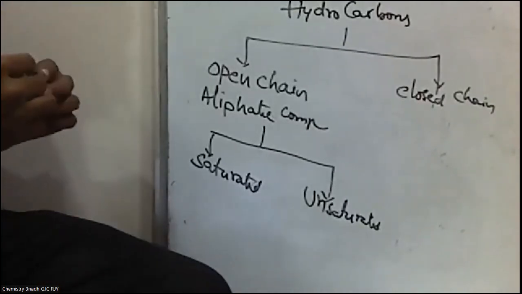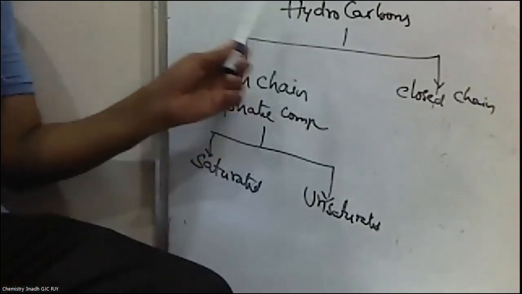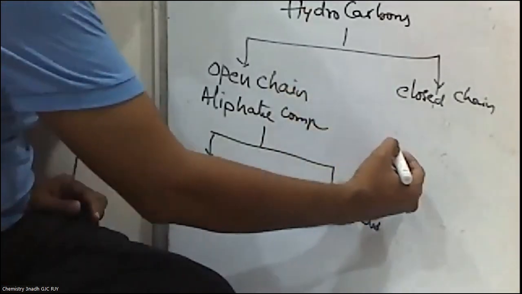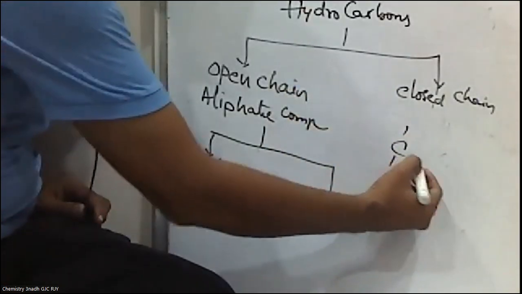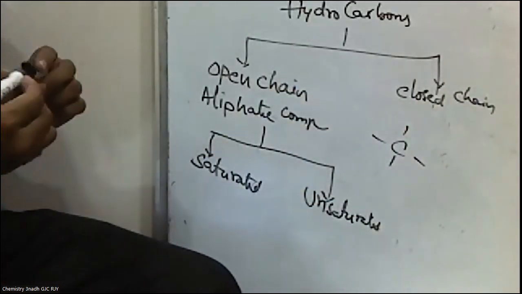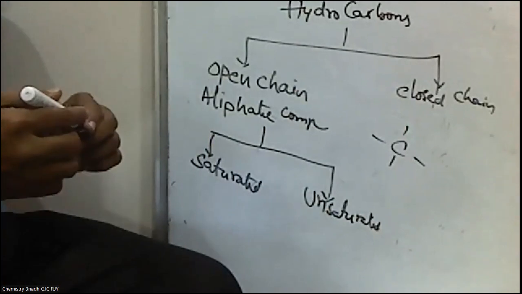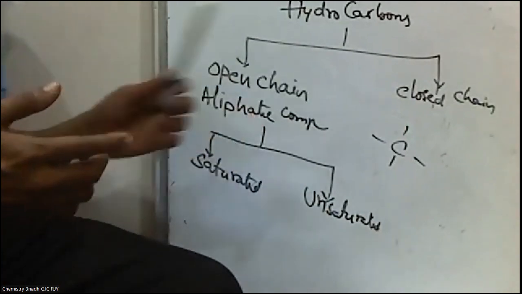What are saturated open chain hydrocarbons? What are unsaturated open chain hydrocarbons? We know that carbon has a covalency of 4. It can form 4 bonds with other carbons or with other elements.